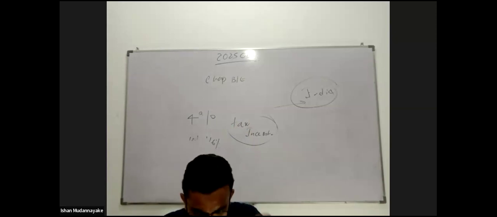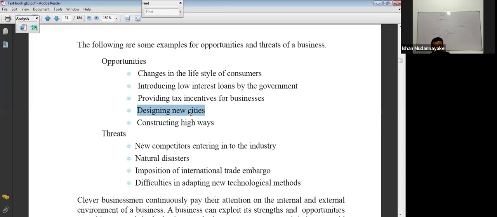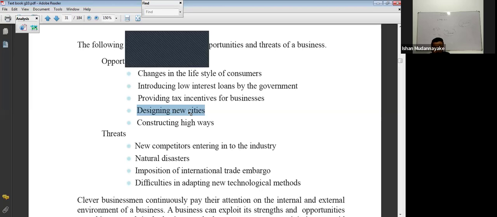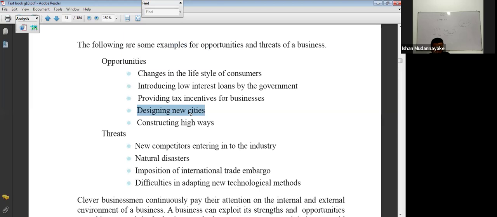Next one. Designing new cities. For example, Port City. In Colombo, the government has created the Port City, one of the opportunities for new and existing business organizations. Next one is constructing highways. Now we have highways in Sri Lanka, one of the opportunities for business.